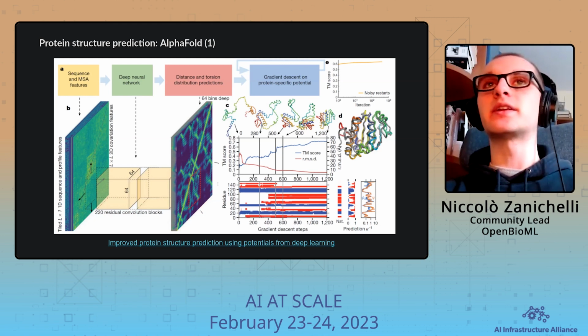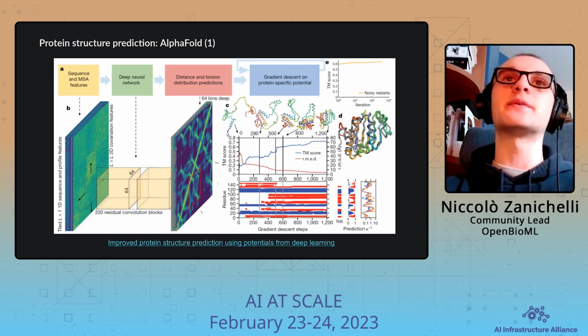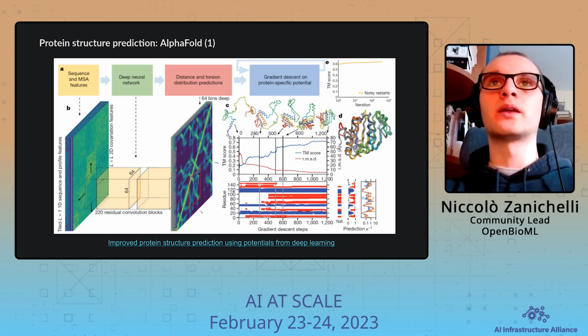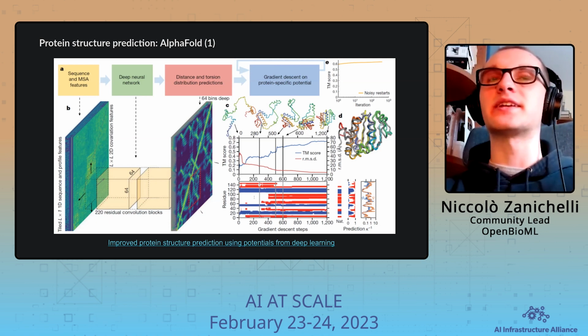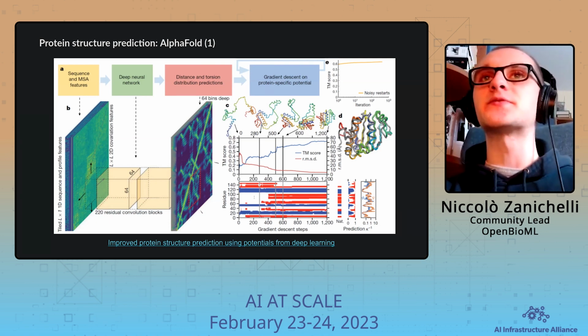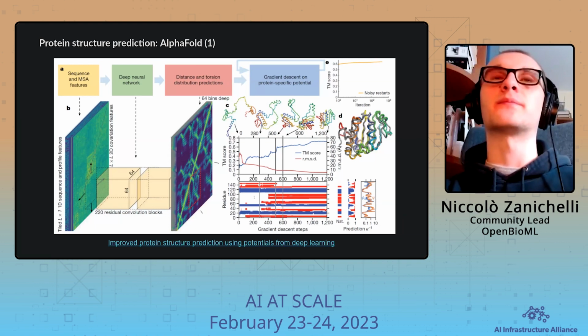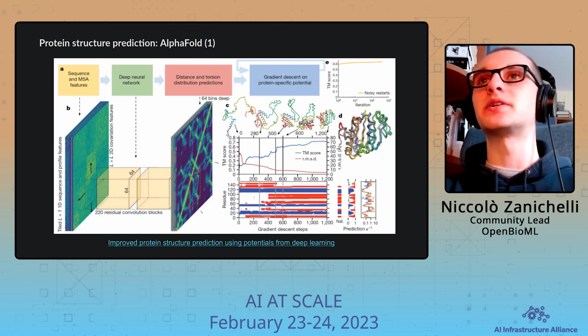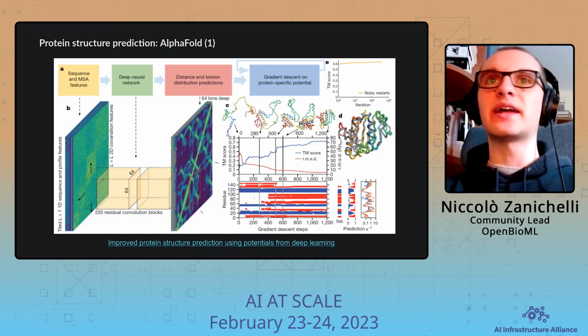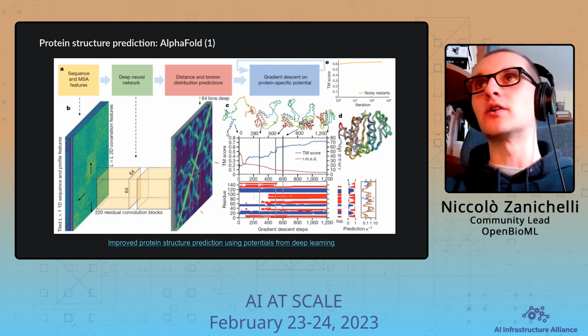The training of the model is not end-to-end, as the model is only differentiable up to the pairwise distance matrix. This is another key limitation of AlphaFold 1. On the right of the image, it's possible to see an illustration of how the protein is folded during the gradient descent, starting with the structure predicted by AlphaFold 1's pairwise distance matrix, and ending with the structure obtained.